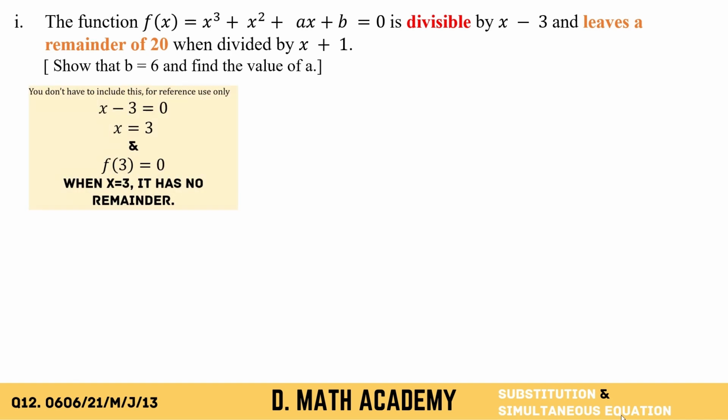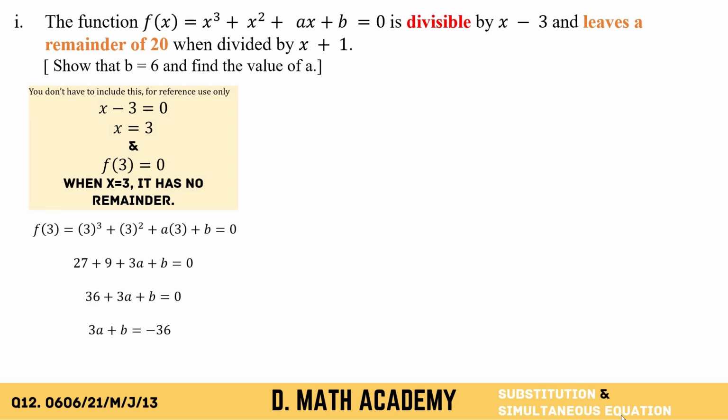So same thing, I arrange x minus 3 equals 0, x equals 3. So when my x is 3, it has no remainder. So when my f(3) has no remainder, it equals 0. By substituting 3 into the x position, I will get my first equation as 3a plus b equals negative 36.